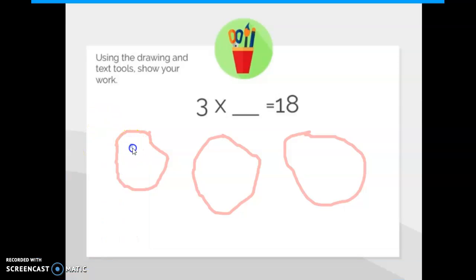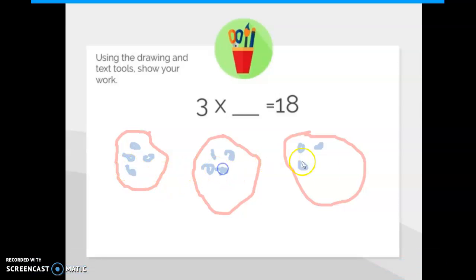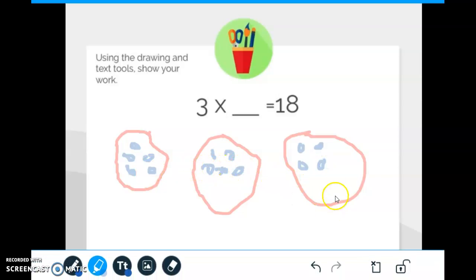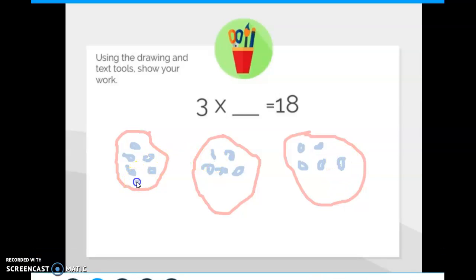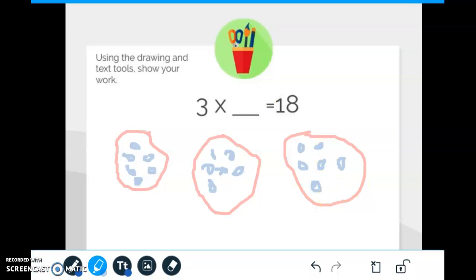So 1, 2, 3, 4, 5, 6, 7, 8, 9, 10, 11, 12, 13, 14, 15, 16, 17, 18. And then I'm going to count and see how many I have in each circle. 1, 2, 3, 4, 5, 6. So 3 times 6 equals 18. Okay?